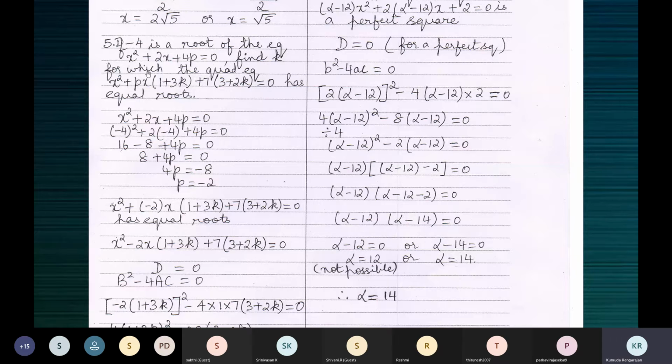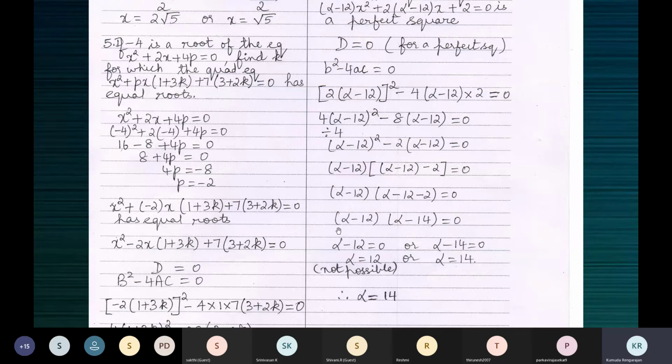So there are two different things given to us. Here you can see a quadratic equation. We know that a quadratic equation can have a maximum of 2 roots. One root is given here. That means this value minus 4 will satisfy this equation because it's given to be a root.